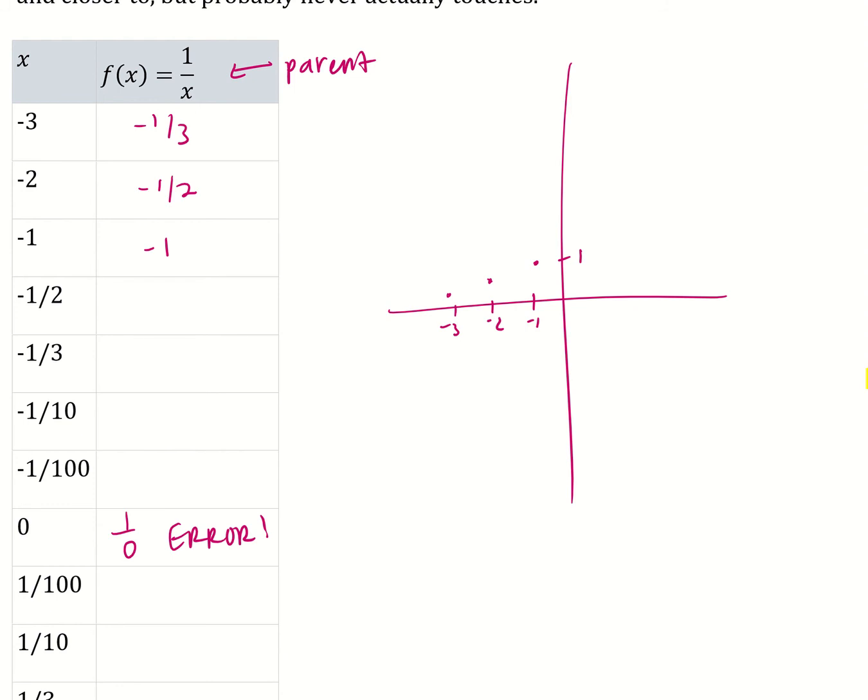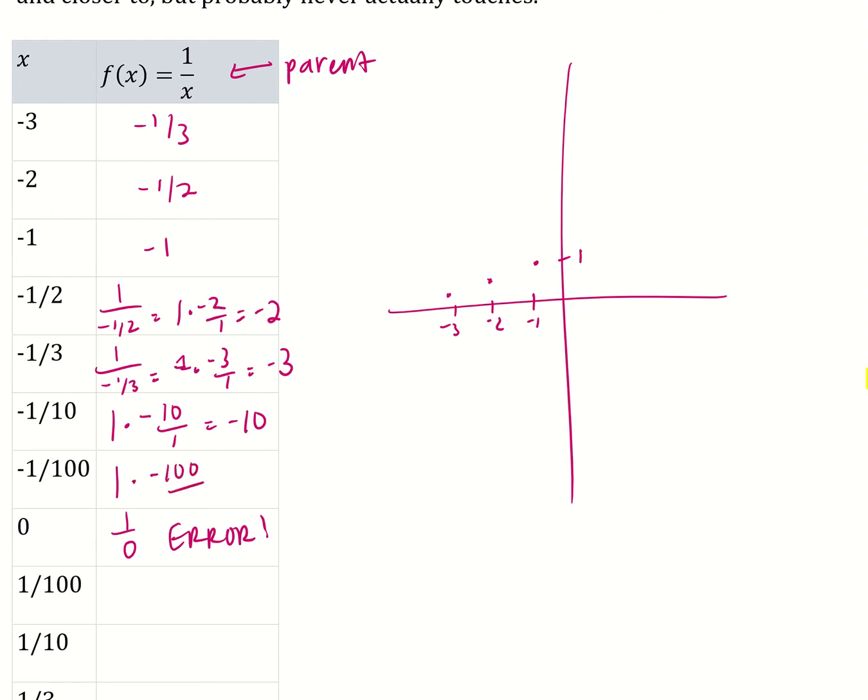Well, let's see. 1 divided by -1/2 is the same thing as 1 times -2 over 1, so that's -2. 1 divided by -1/3 is equal to 1 times -3 over 1, so this is -3. And if you choose x values that are even closer to 0, you see that the y values decrease dramatically.